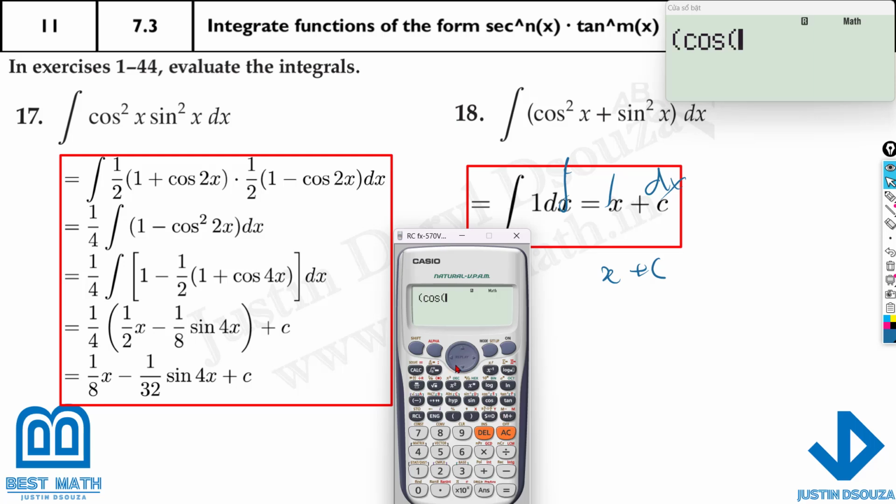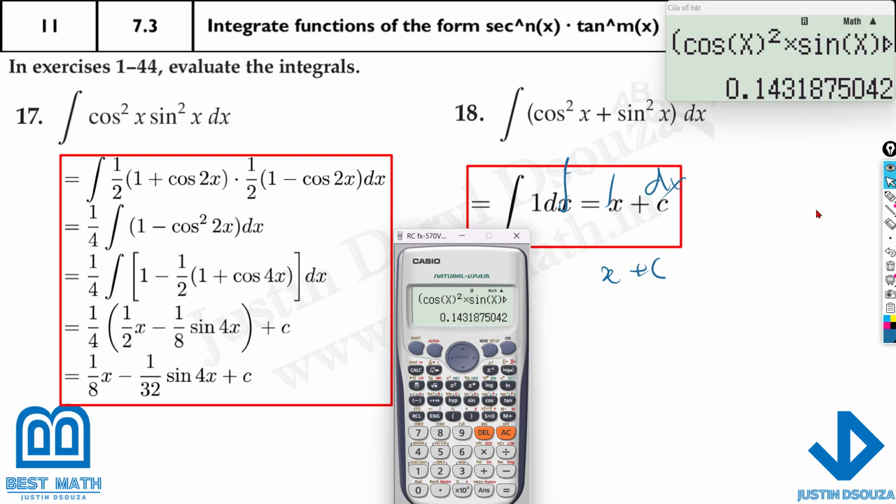Let me show you. It is cosine x, close the bracket, and then square it up, multiplied by sine x, close the bracket and square it up. I had opened a bracket, so I'm just going to close it. It's fine. And calculate it at 2. It's 0.14318. And now let me derive this answer.